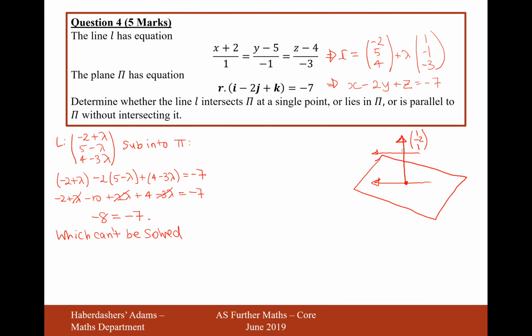And we can even show this, because if it's going to be parallel to the plane, then it will definitely meet the normal at a right angle. So the direction vector of the line will meet the normal at a dot product of 0. Let's just show that. It's (1, -1, -3) dotted with (1, -2, 1), which will equal 1 plus 2 minus 3, that will equal 0.